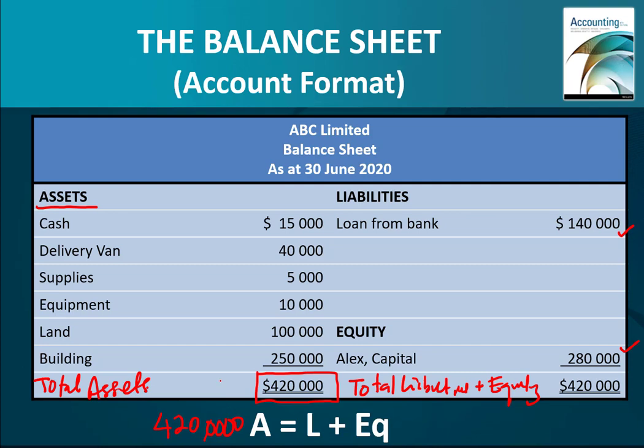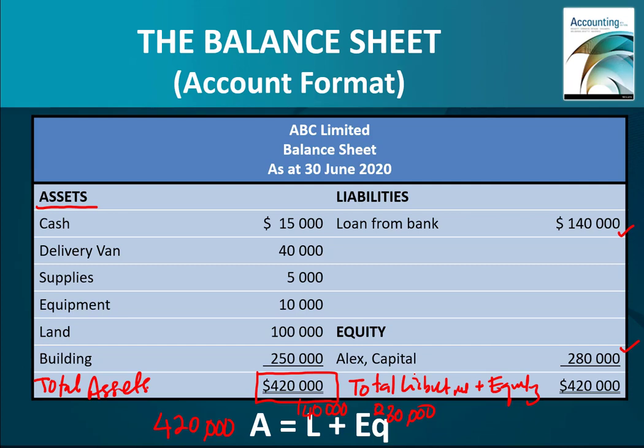420,000, which is equal to your liability plus equity, 140,000 plus 280,000. Okay, so this is the balance sheet. When the users of the financial statement look at this document, they know that on the left side are all the assets belonging to the business.